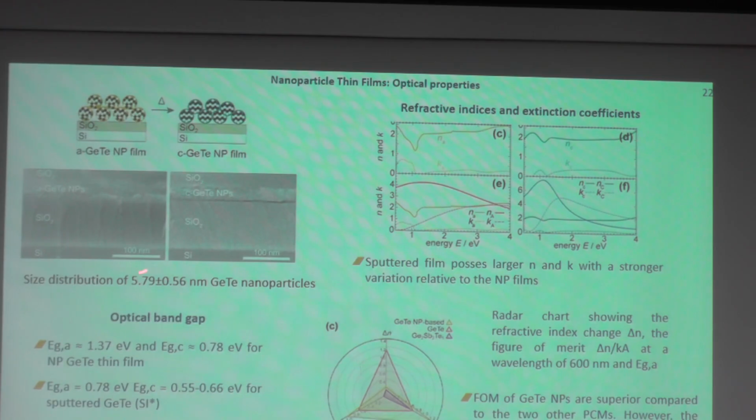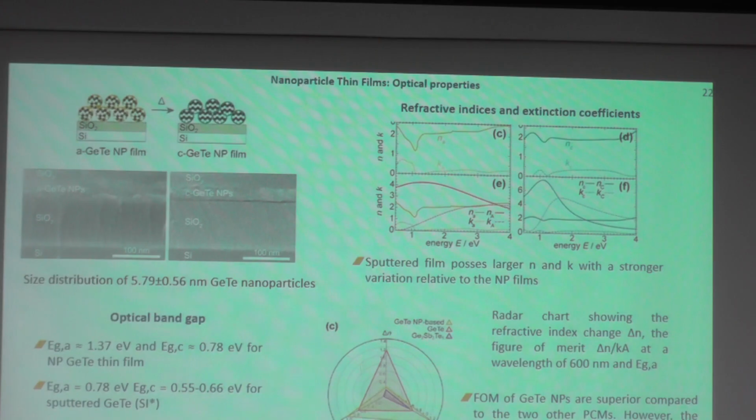This is silicon oxide. Amorphous germanium telluride nanoparticles on the silicon dioxide substrate, and this is crystalline. So they form a thin film. The size distribution of such GT nanoparticles is in this range, like 6 nanometers.